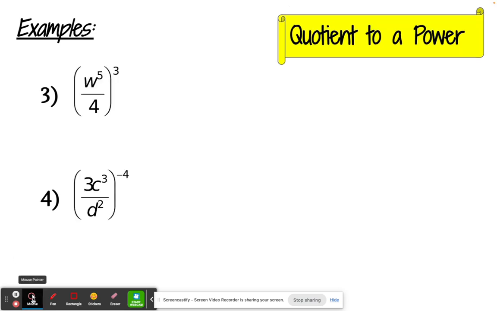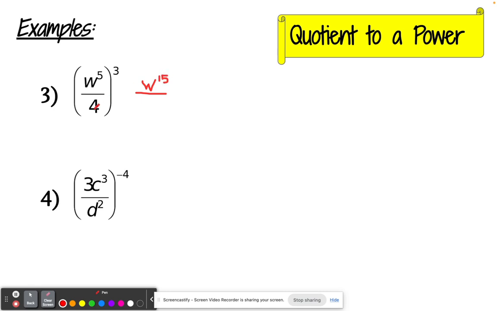Okay, let's look at my next example. This time I have a quotient to a power, which means I have to raise everything, both my numerator and my denominator, to the 3rd power. Well, w to the 5th power raised to the 3rd power, power to a power, I'm going to multiply those powers. So I'm going to have w to the 15th power.